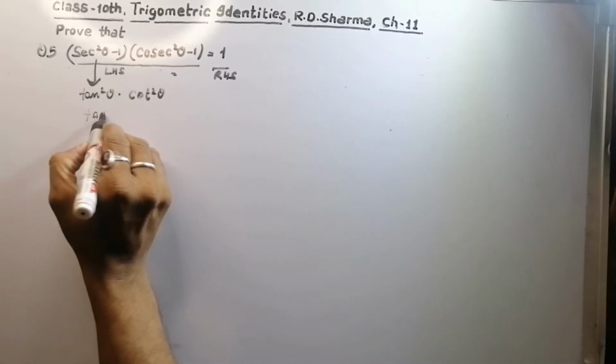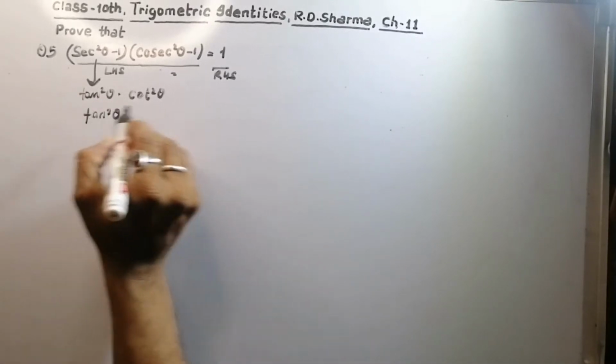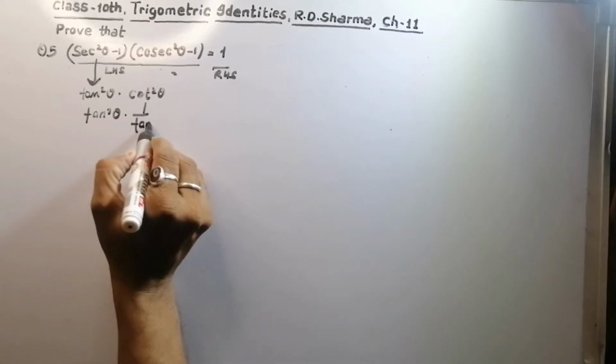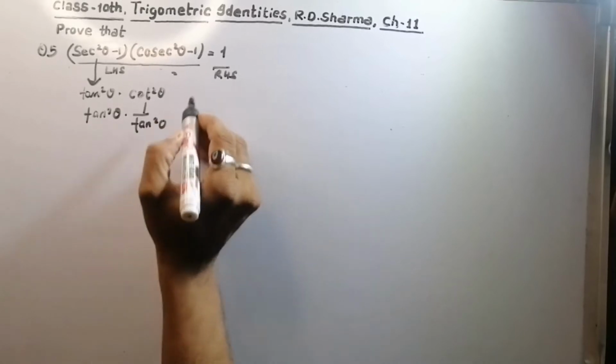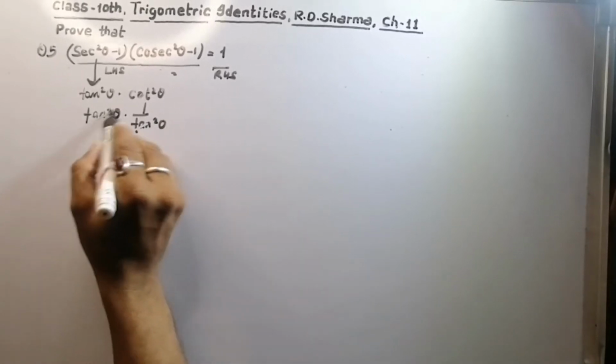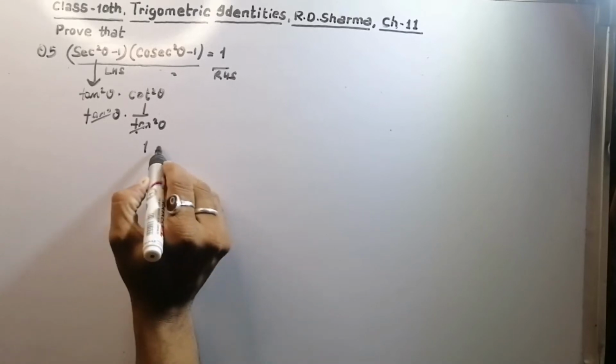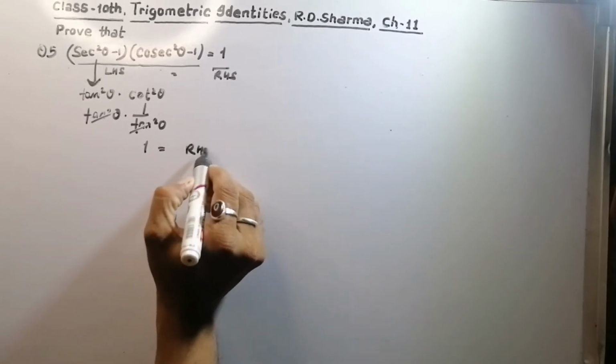Now tan square theta into 1 upon cot square theta, we can write 1 upon tan square theta. Tan square theta divided by tan square theta gives 1, which is equal to the right hand side.